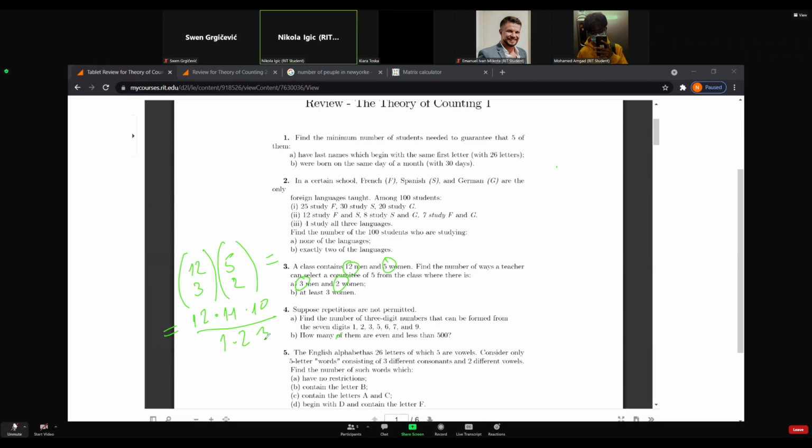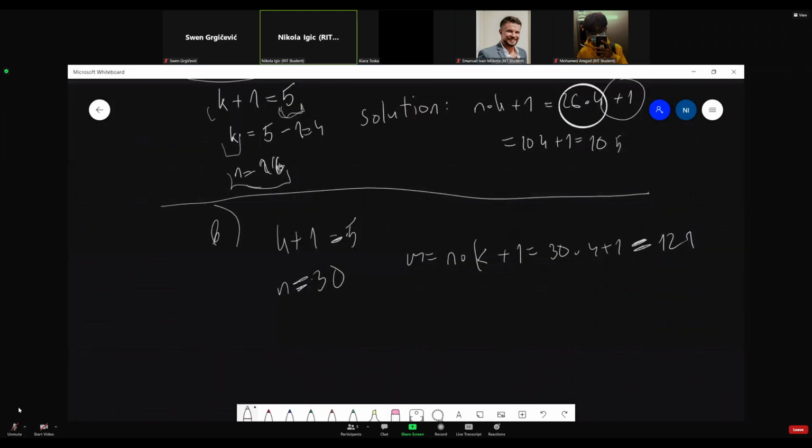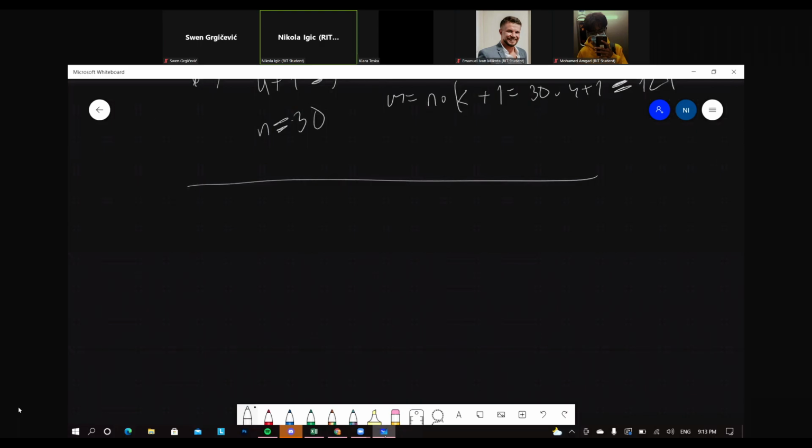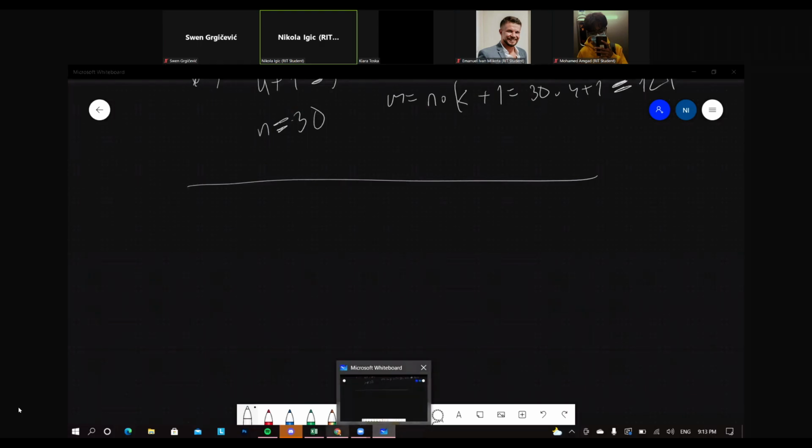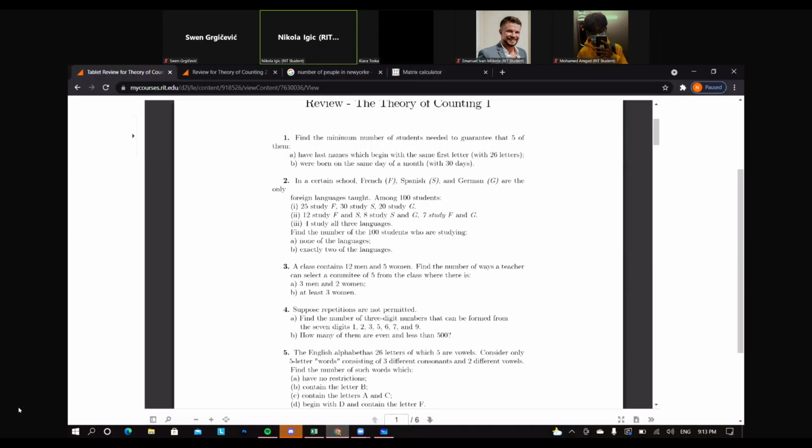Okay, let's do it like normal, because this pen is weird. I need a new battery. Okay, we have 12 men and 5 women.